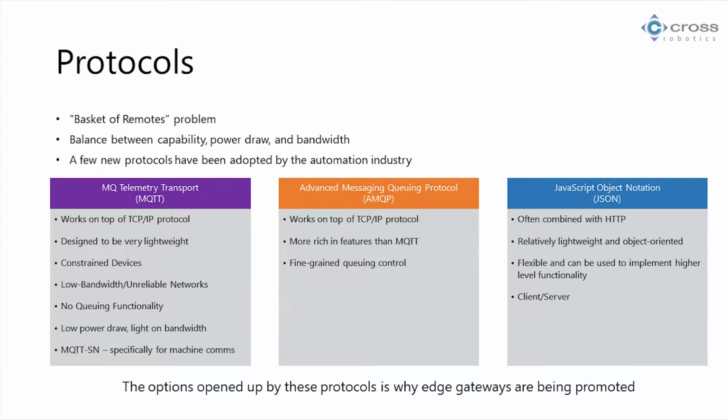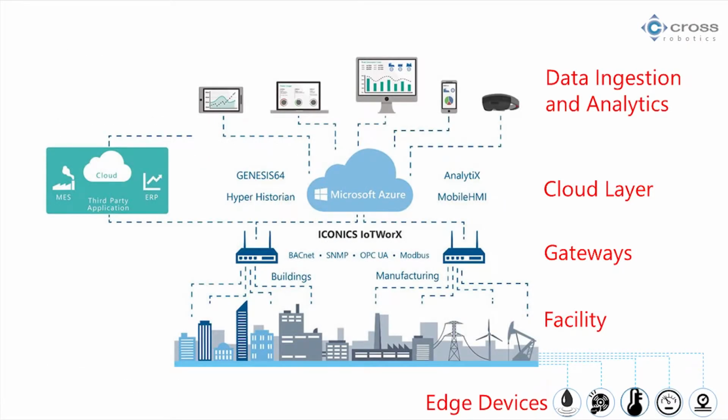So an overview of your infrastructure, you've got your edge devices, which are your sensors, a collection of all that makes your facility, right? And then through your gateway, you push all this to the cloud layer, all your big analytics, and I call it data ingestion. It's basically shoving the data into the cloud, into whatever computational engines you have, and then pushing it out to all the devices wherever they're needed.